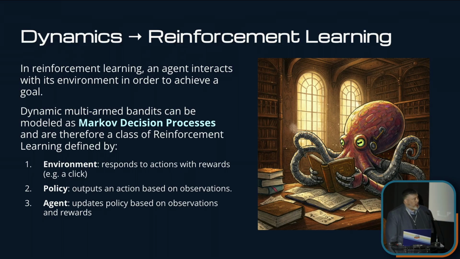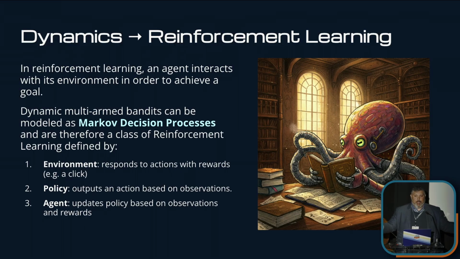For those of you who are more mathematically or theoretically inclined, you can model multi-armed bandits as a Markov decision process. And because you can do that, it does fall within the category of reinforcement learning, where you have an agent interacting with its environment in order to achieve a goal. And if you think about the Markov decision process, what you need is some sort of environment, right?